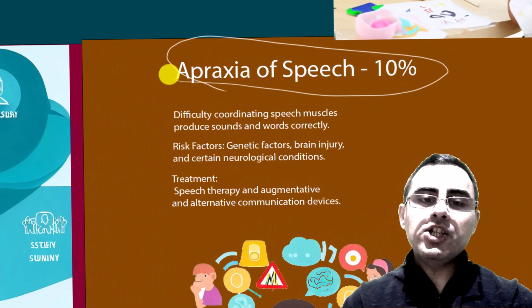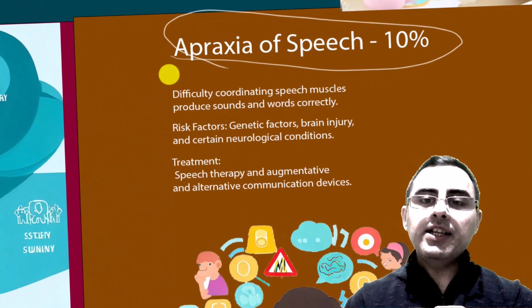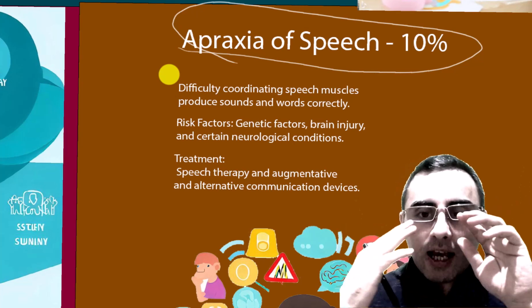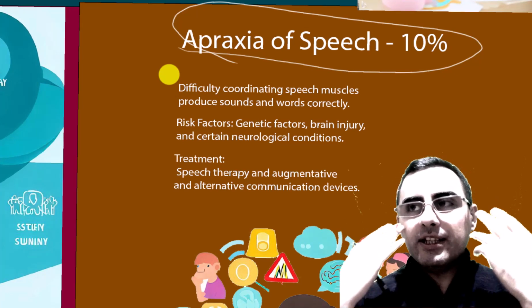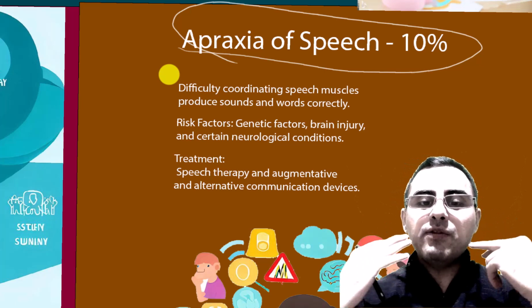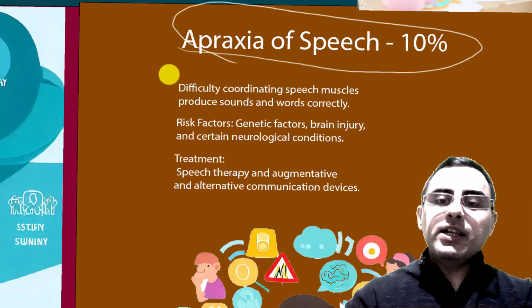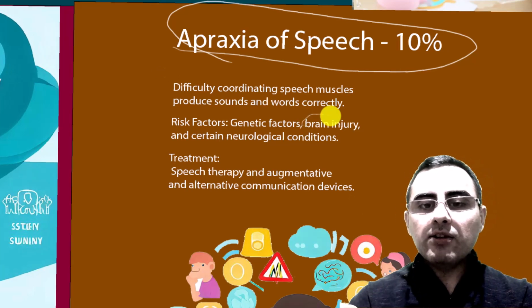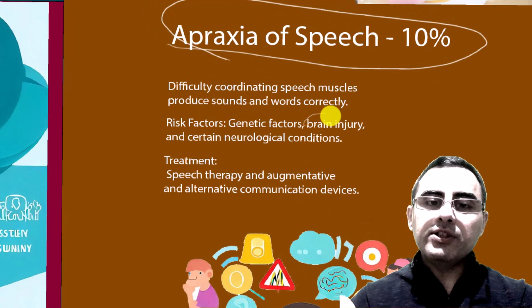Apraxia of speech is difficulty coordinating speech muscles. So these kids cannot coordinate their muscles because of different problems. It can be because of brain injury, it can be genetic factors or neurological conditions.